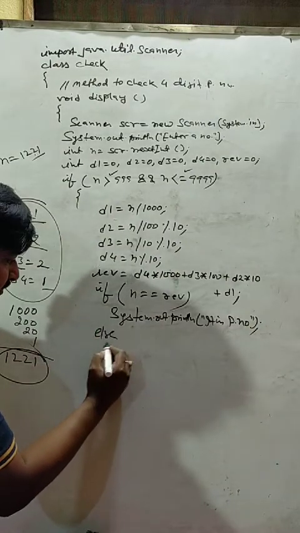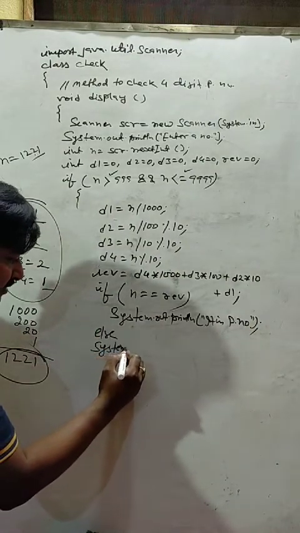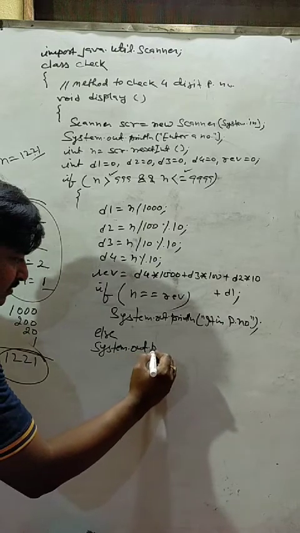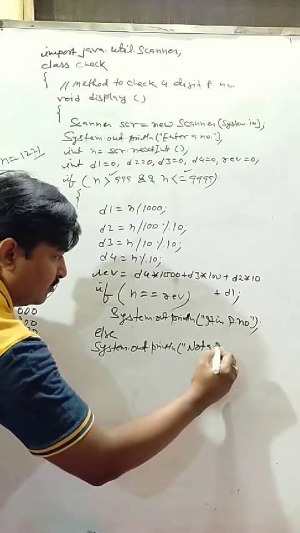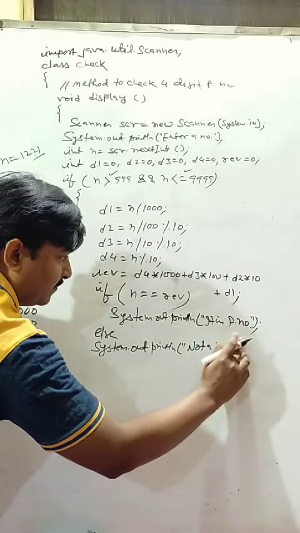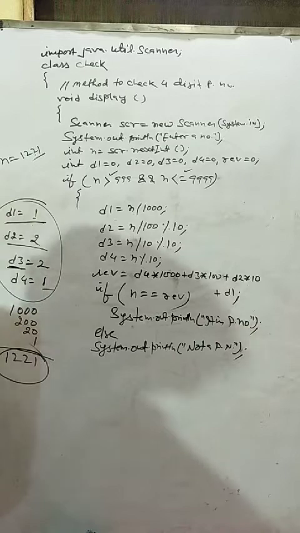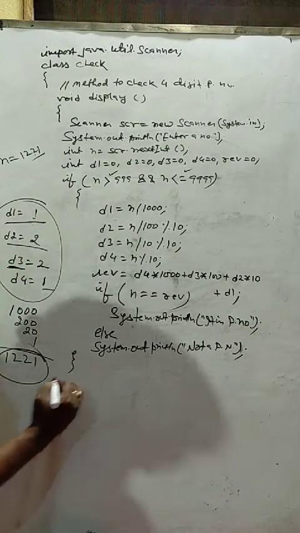Else we will print: not a palindrome number, and we will close the bracket.